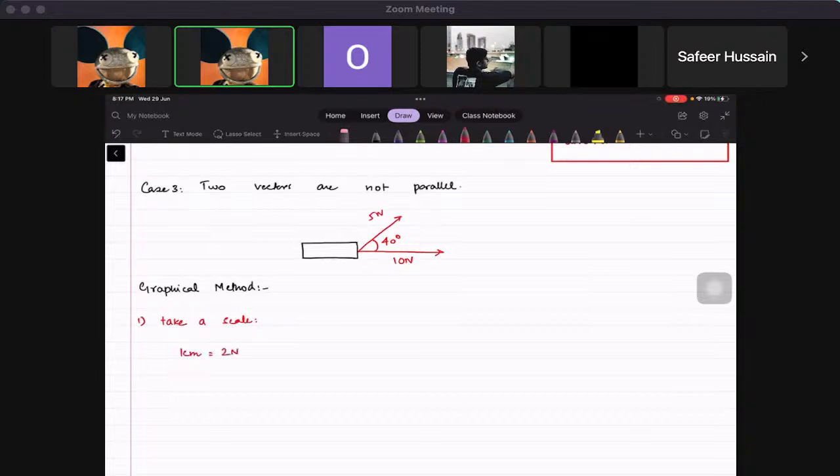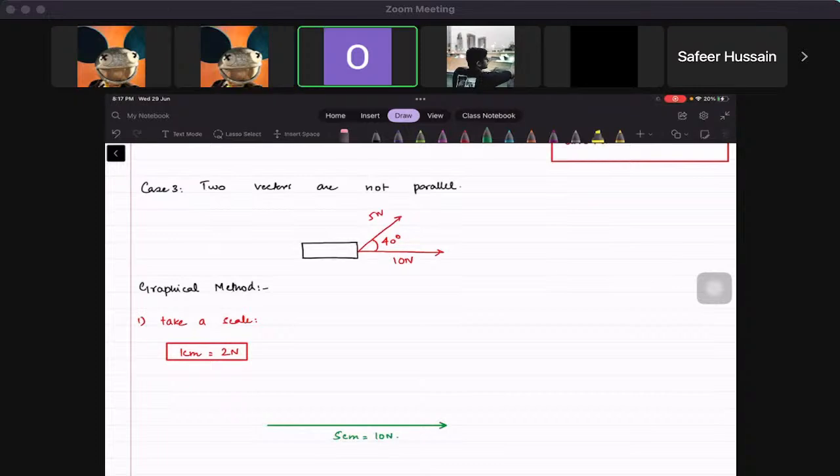So if I've taken a scale, I have to draw this with a ruler, which means 10 Newton would be drawn for 5 centimeter, because if 1 centimeter is 2 newtons, then 5 centimeter would be 10 newtons. Is it clear?